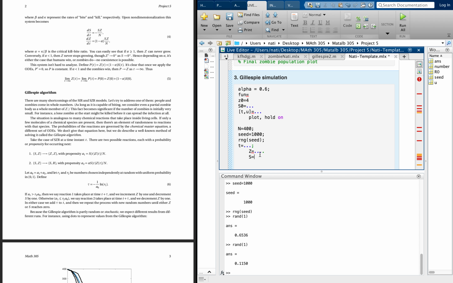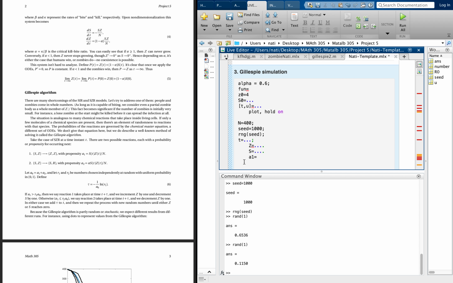Now, after we have these two values, we can go ahead and calculate A1 and A2. We already know what alpha is, which is right here. So then what we do is we calculate A1, then we calculate A2, then we calculate the sum, because we need the sum for the random part, and for the time part too.